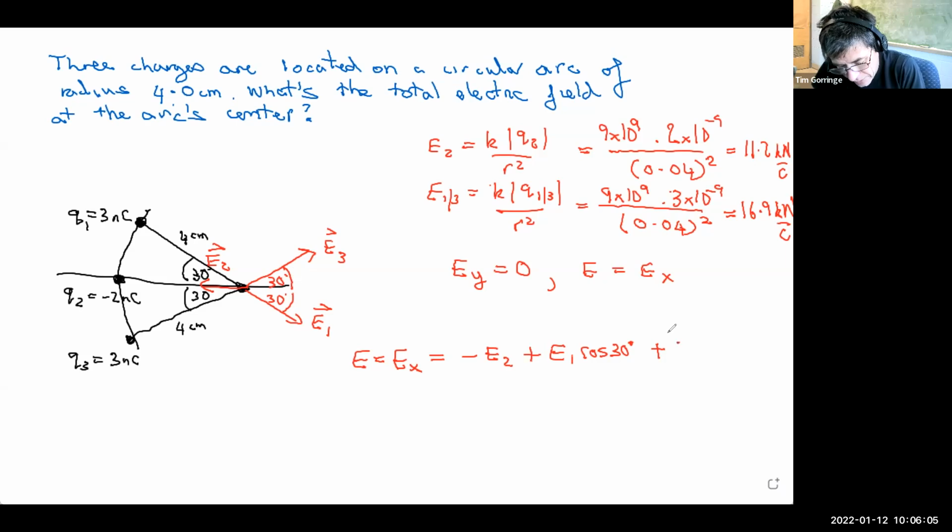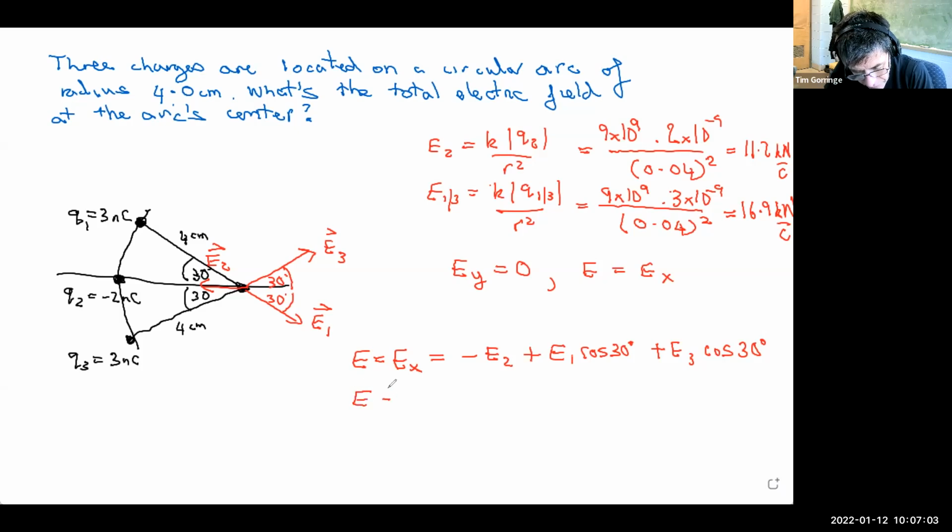So this is going to be E3 cosine 30 degrees. And so that's our equation based on vector addition, based on superposition for the total electrical field due to these three charges. And now we just got to fill in the numbers for the three electrical fields.